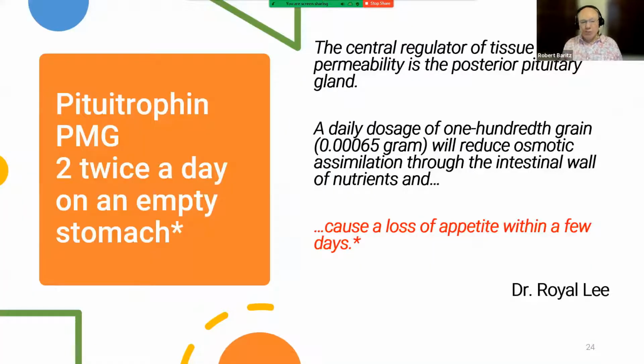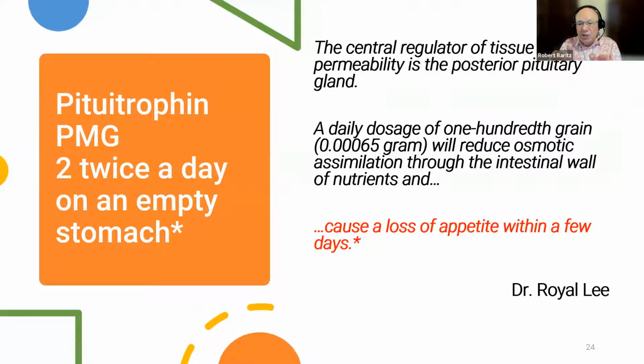Okay, so the first product is Pitutrophene PMG, 2 twice a day on an empty stomach. According to Dr. Royal Lee, the central regulator of tissue permeability is the posterior pituitary gland.